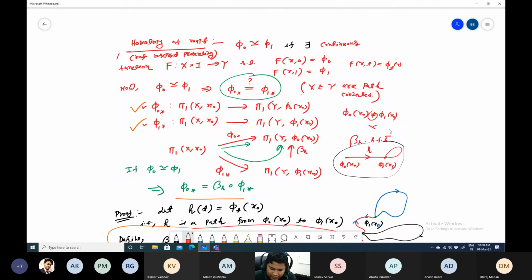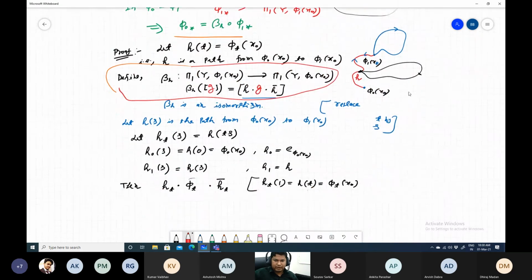Now what is my phi 0 star actually? Now phi 0 star is a map from pi 1 of X comma x0 to pi 1 of Y comma phi 0 x0.